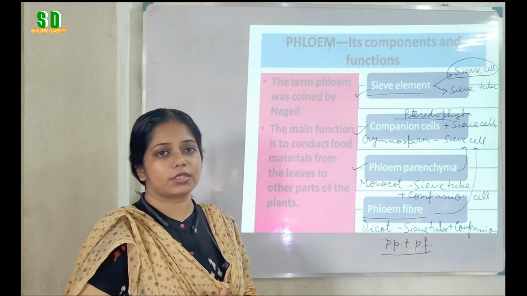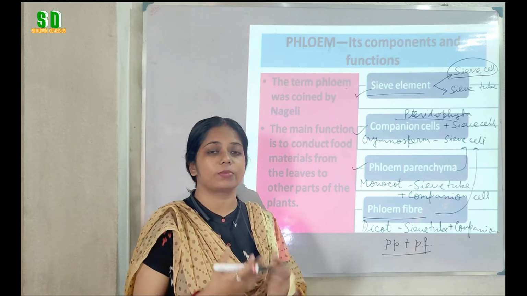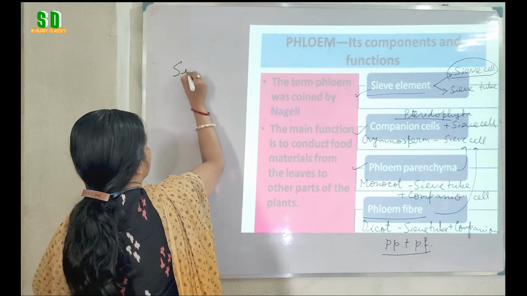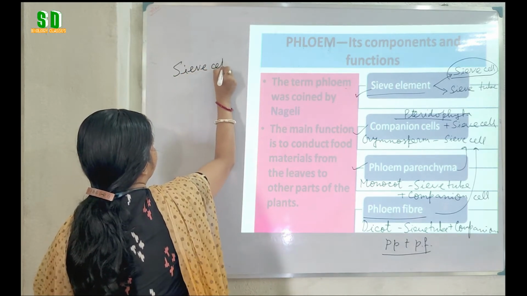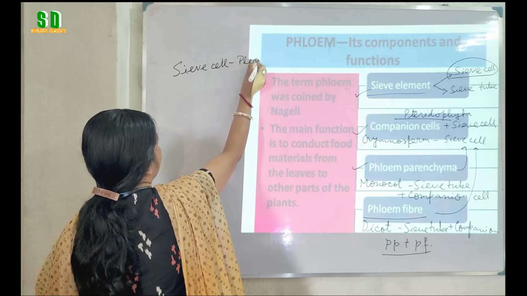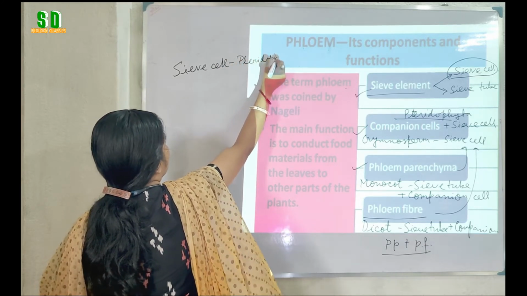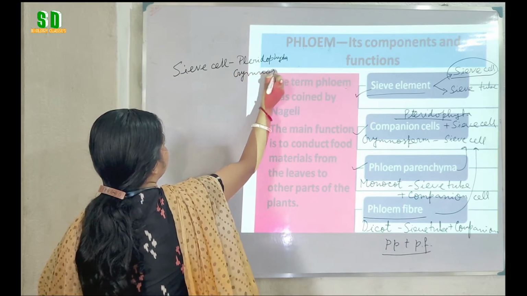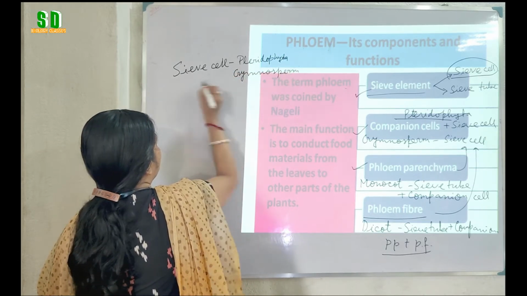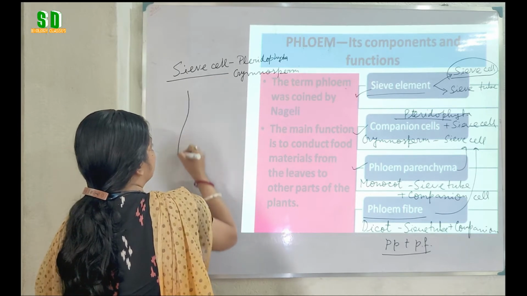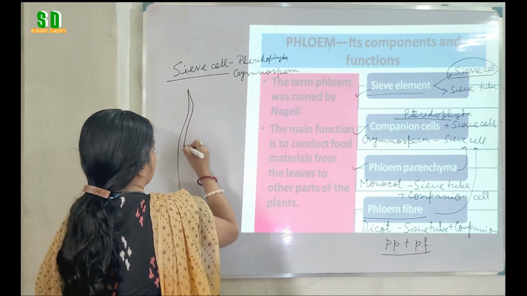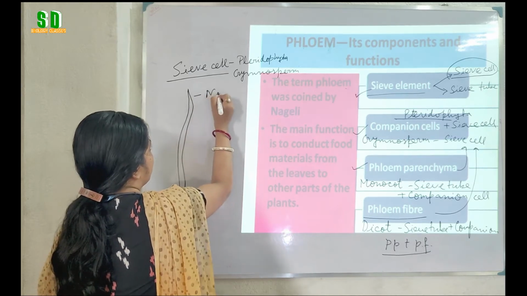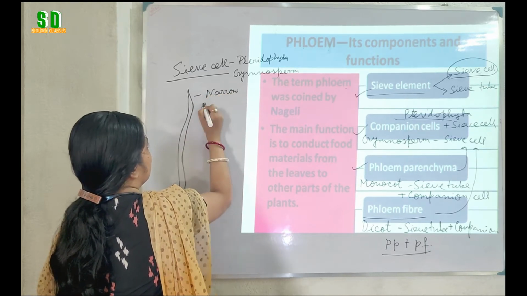First of all, the sieve cell is present in Pteridophyta as well as in Gymnosperm. They are very similar to the tracheid cell. They are narrow, elongated cells.